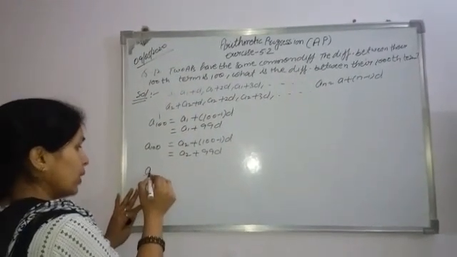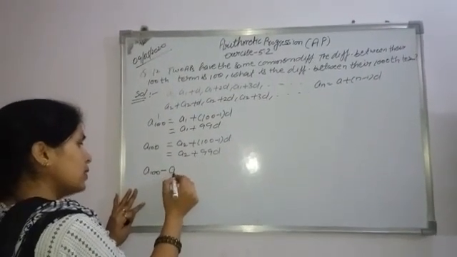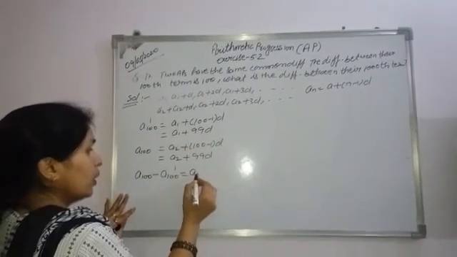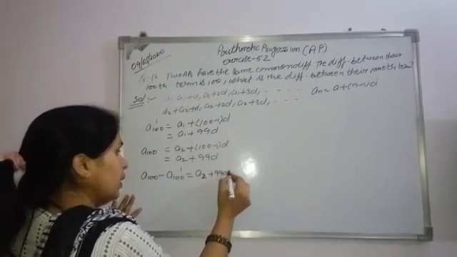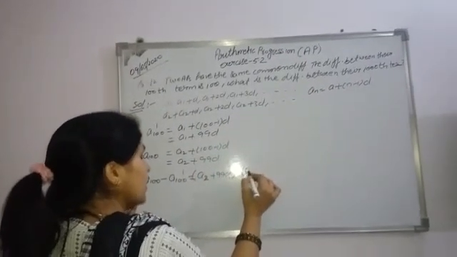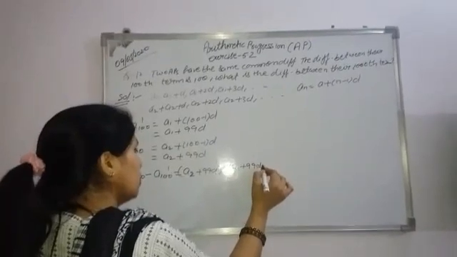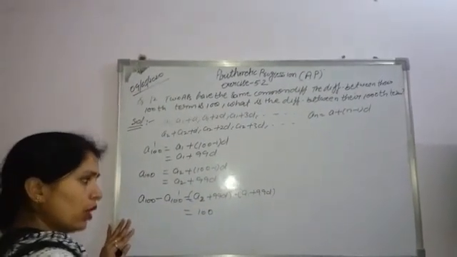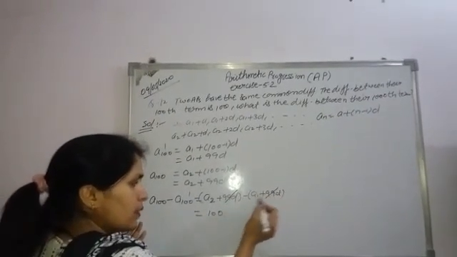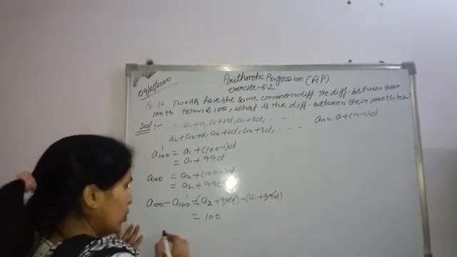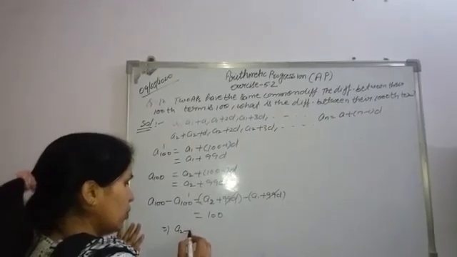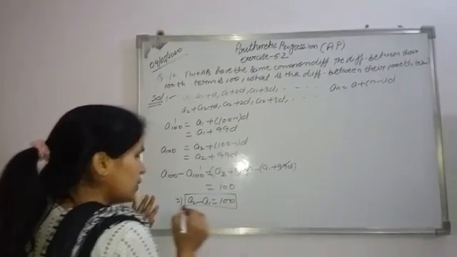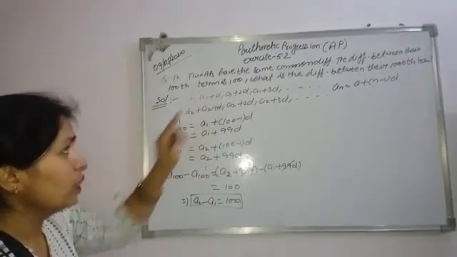So A100 dash minus A100 is equal to A2 plus 99D minus A1 plus 99 into D, and this difference is equal to 100. The 99D cancels with the minus 99D, so A2 minus A1 is equal to 100. So this is our relation from the given condition.